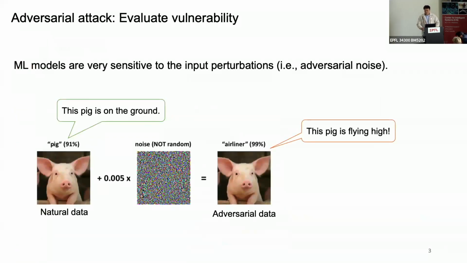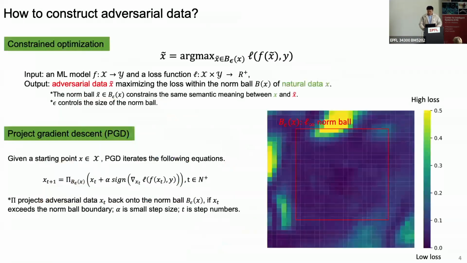We know that adversarial attack can evaluate the vulnerability of machine learning models because machine learning models are sensitive to input perturbations. For example, with only small noise, the image of a pig will be wrongly recognized as an airliner. How to construct the adversarial data? We basically solve a constrained optimization problem.